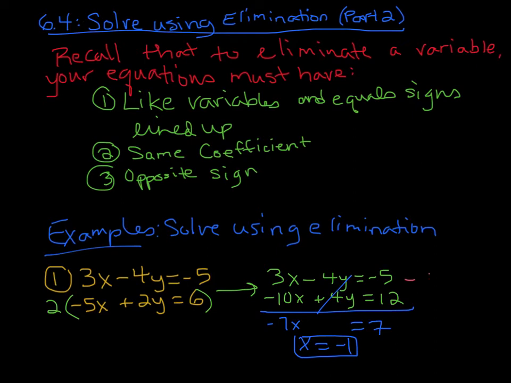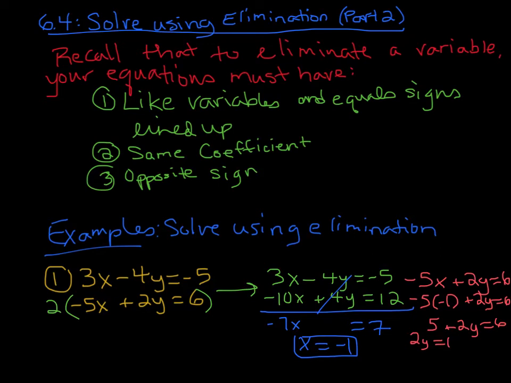So I'm going to take that negative 5x plus 2y equals 6, and I'm going to substitute in that negative 1 for x. The reason I like this equation is because I knew that when I multiplied two negatives, I get a positive, so it's now a lot nicer. You're going to end up getting 2y equals 1.